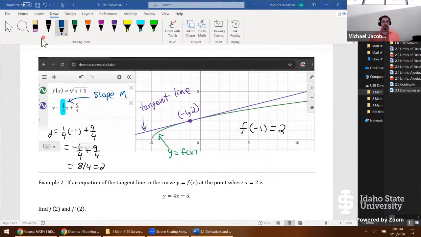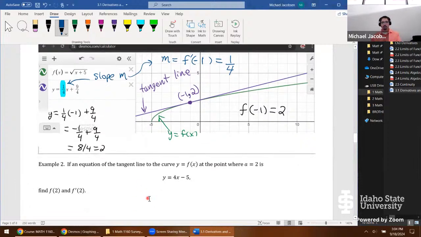M means it's the derivative of the function. So we can now say m equals f prime, that's how we say the derivative, at that first coordinate, -1, equals, if we ever want to get the slope, and we have a tangent line equation, just grab that 1/4. So there's a lot of information to tie together with this kind of problem.